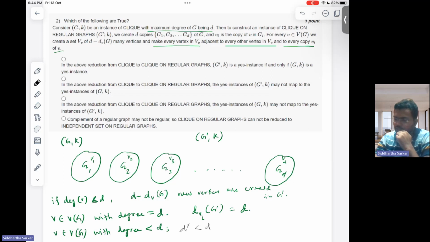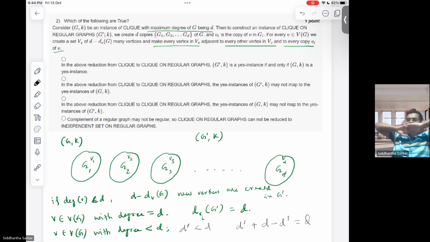Then the new degree of a copy becomes d' plus d minus d', so the degree of a copy in G_i becomes d.